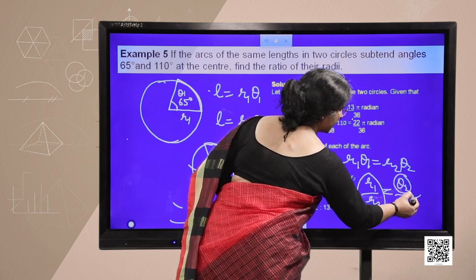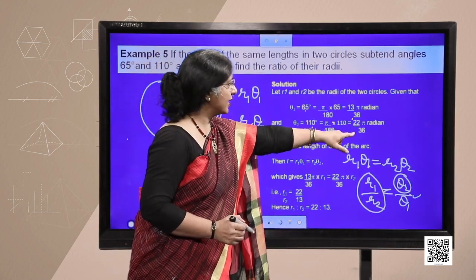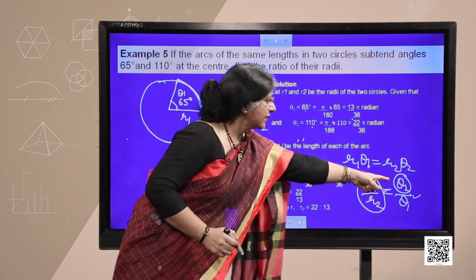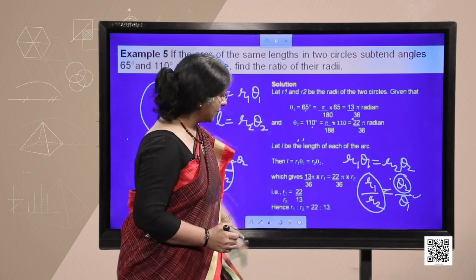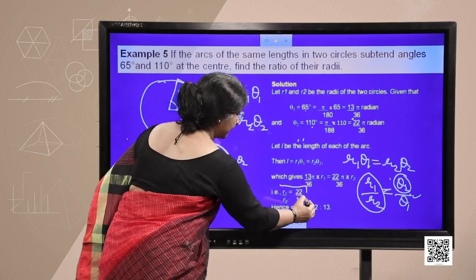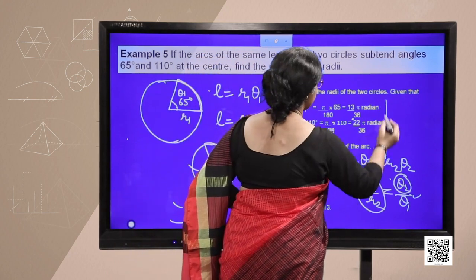Theta 2 first divided by theta 1, which we have already converted into radians. So, 22 by 36 pi radians in the numerator, 13 upon 36 pi in the denominator. After solving this, pi will cancel out. I write it here.